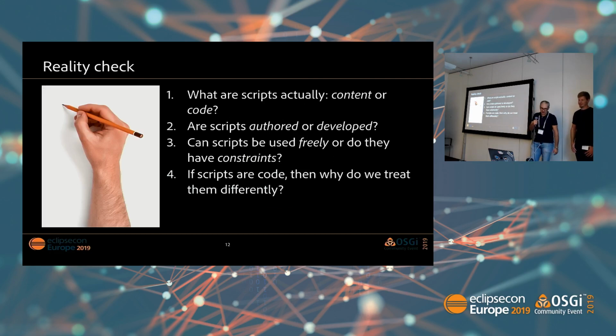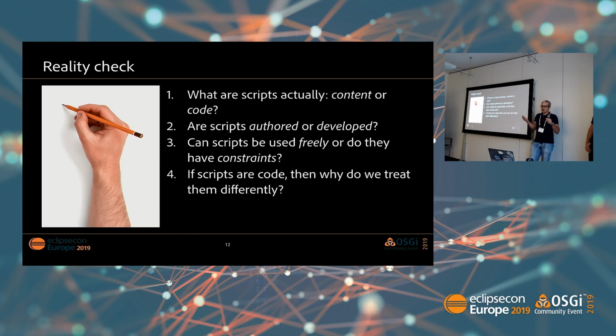So we started to think about how scripts should actually be deployed. And then we started asking ourselves, are they content or code? In Sling, we say that everything is content, but it's not necessarily true, right? If you start putting scripts into the content tree, you're kind of mixing concerns. Then we ask ourselves, are scripts authored or developed?